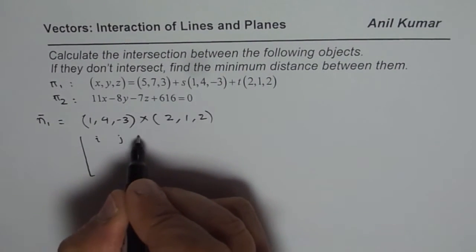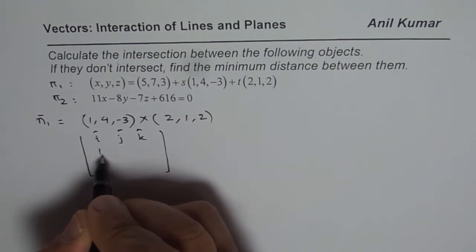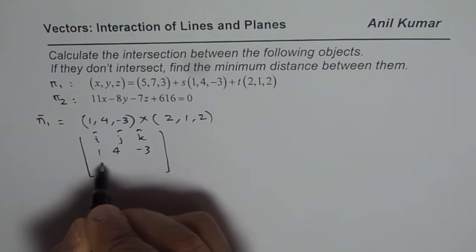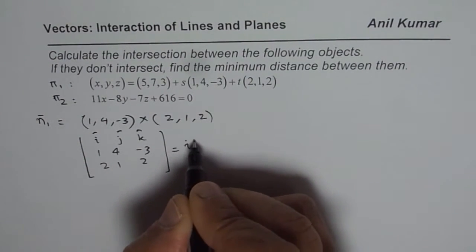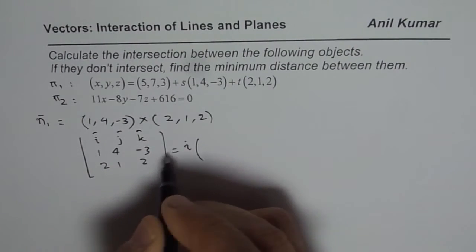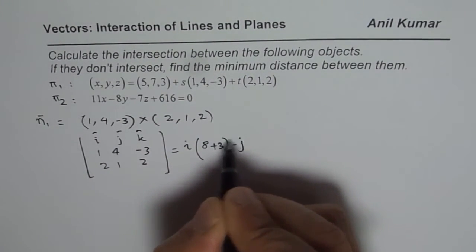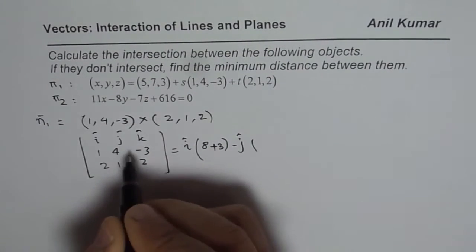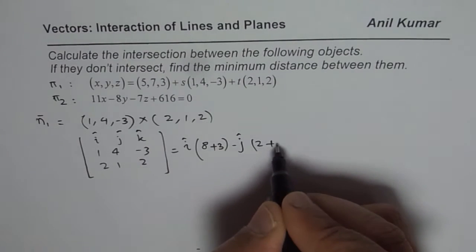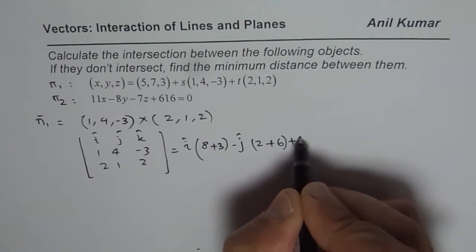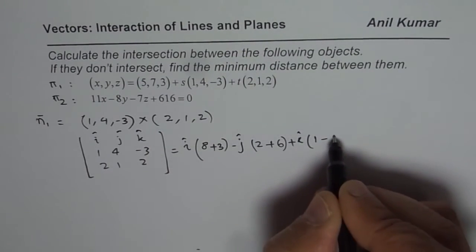So we'll do i, j, k. You can use the method which you have been using to find the normal: (1, 4, -3) and (2, 1, 2). So we say i, and then in this we have 4 times 2, 8, plus 3 in this case, minus j, and for j it is 1 times 2 minus 2 times, that becomes 6, plus k, which is 1 minus 8.